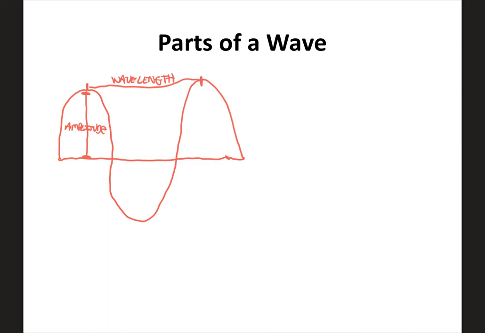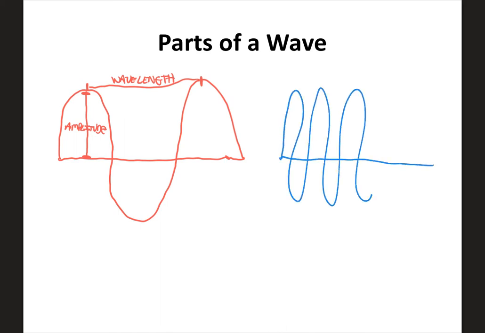I also want you to see the difference in wavelength sizes. If we look at another wave, what if we had a wave moving like this? Notice the distance between the peaks is much shorter. So the wave on the right has a much smaller wavelength, and on the left the wavelength is much greater.